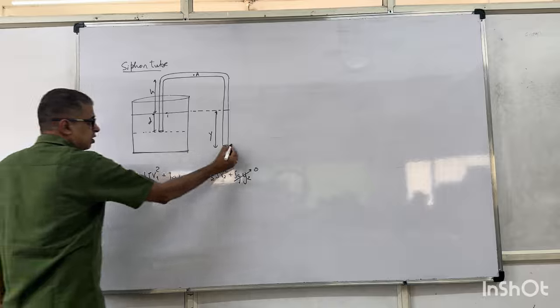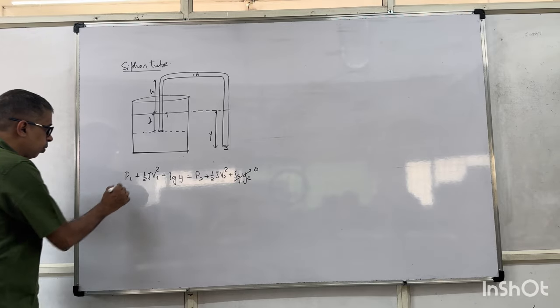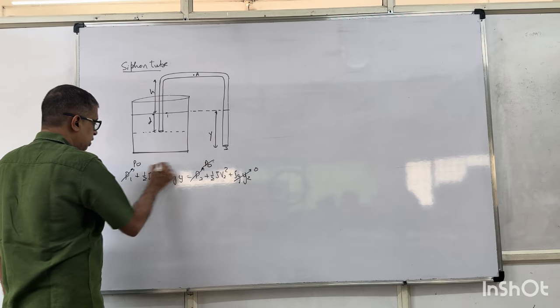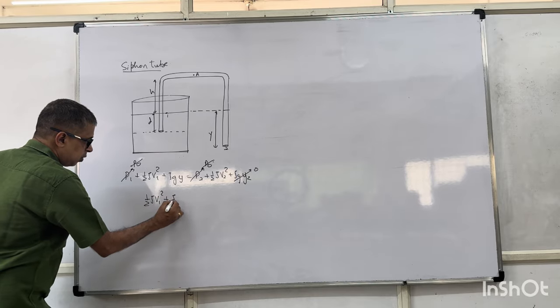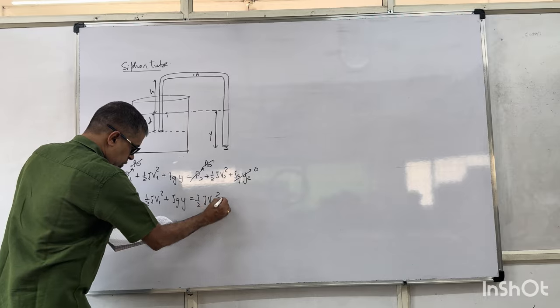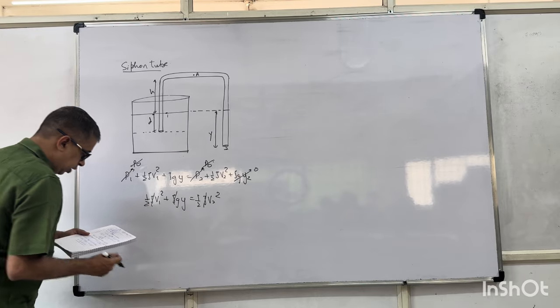You are taking this as the reference line. So this will be Y. Both of them are open to air. This is also P naught. This is also P naught. Half rho V1 square plus rho g y is half rho V2 square. Rho gets cancelled.